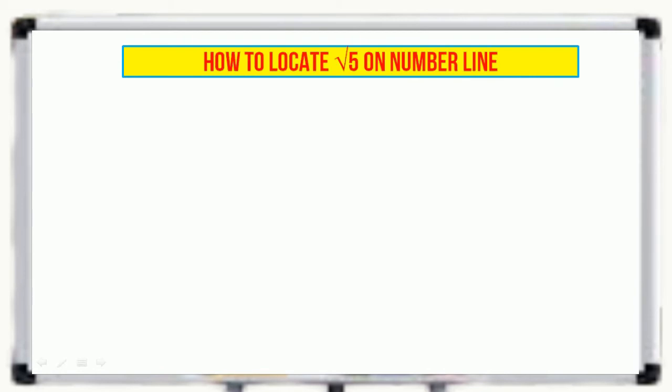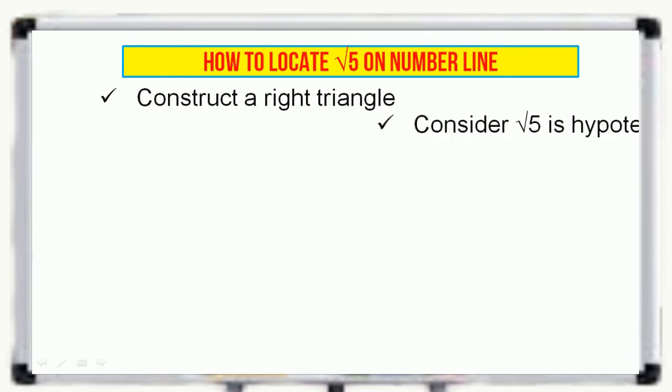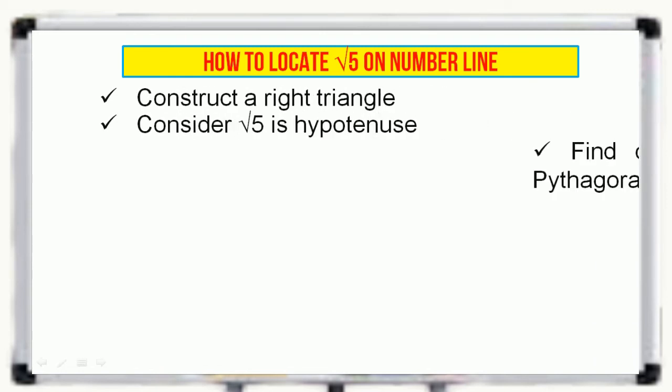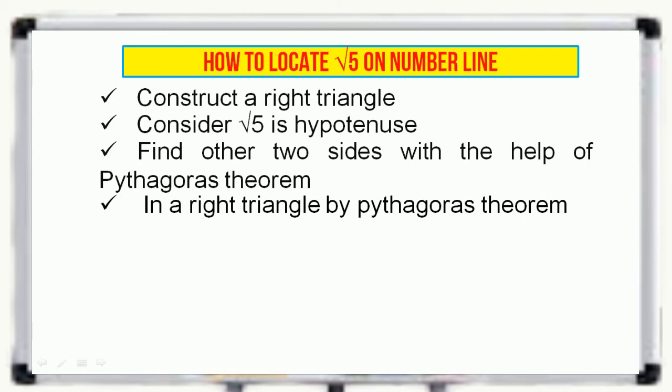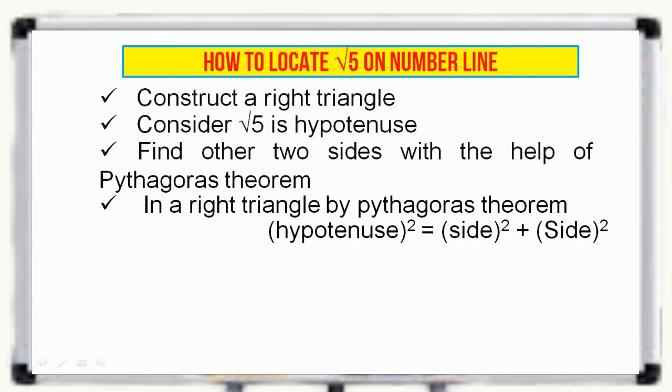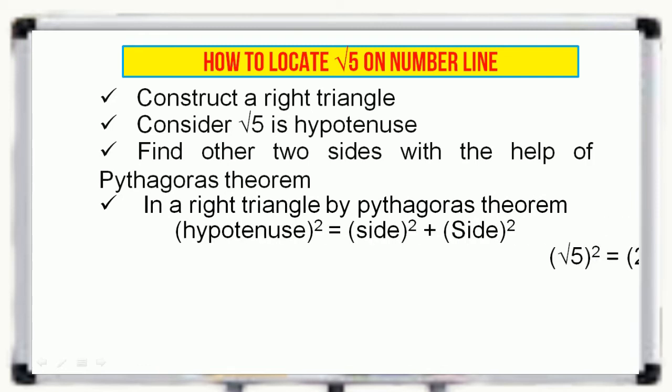So here is another question. We have to locate square root of 5 on the number line. For that purpose, first you have to construct a right angle triangle and consider square root of 5 as the hypotenuse. By Pythagoras theorem, hypotenuse whole square is equal to side square plus side square. So here the hypotenuse is root 5 units.